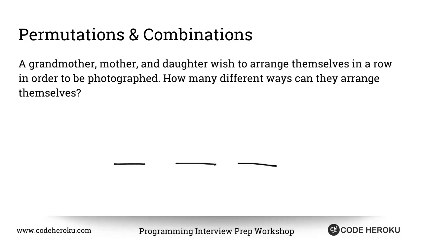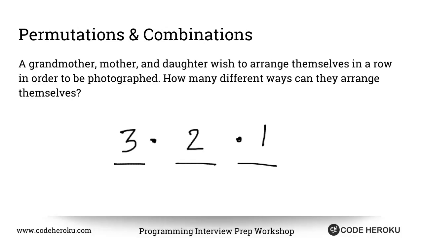So we know that there are 3 spots over there which they could arrange. On the first spot, let's say the mother or the grandmother comes in, she can sit, and she could arrange herself on either one of these 3 spots. So for the first person, they have three places that they could sit.